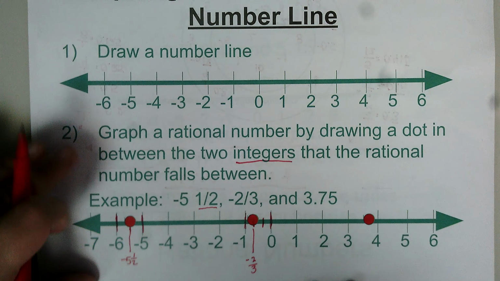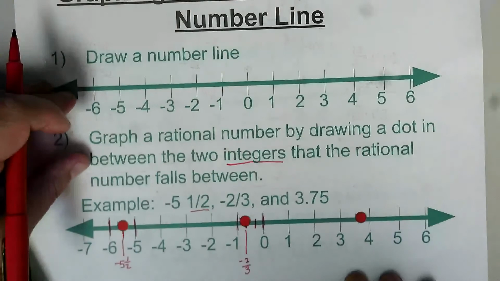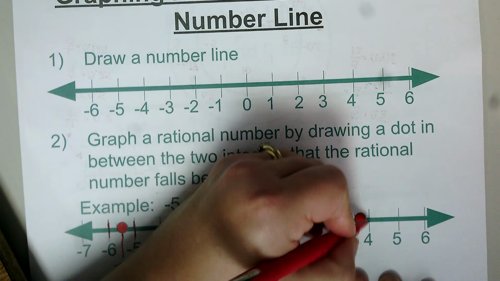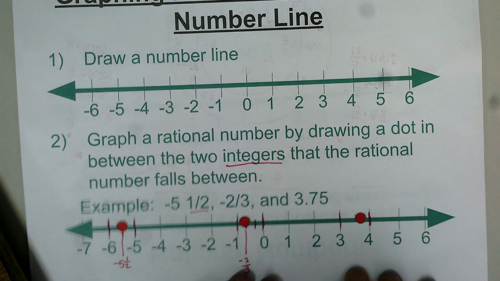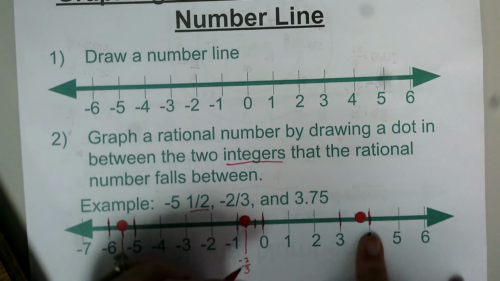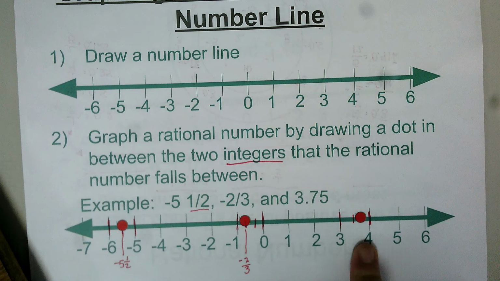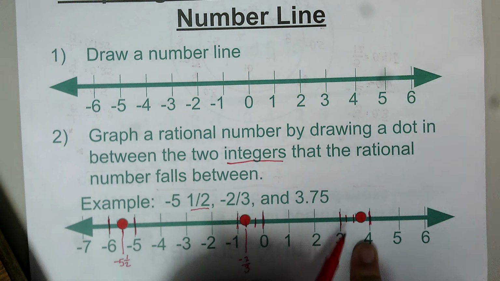And the last one we have for an example is +3 and 75/100. Okay, well, we know that 3 and 75/100 falls between +3 and +4. So we don't even have to reflect it across the number line there. +3 and +4. And I know that 1/2 is here and 75/100 is closer to 4 than it is 3. If I was to break this into 4 sections, that would be 25/100, 50/100, 75/100.